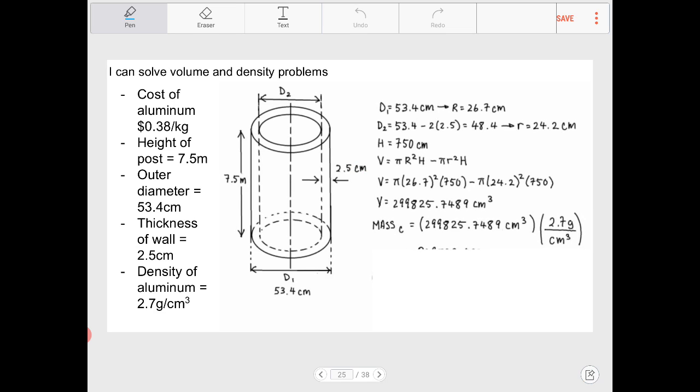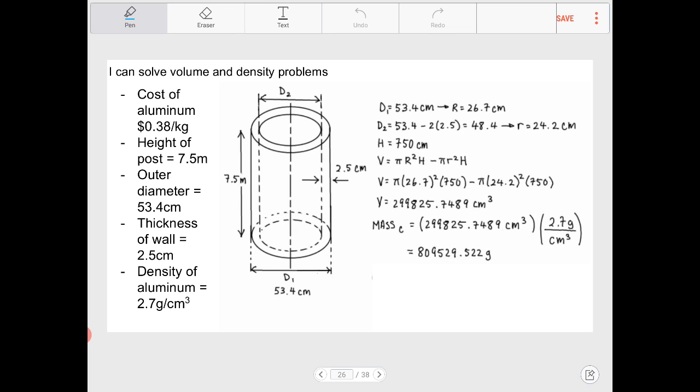The density of the aluminum is 2.7 grams per centimeter cubed. If I multiply that with the volume here, unit-wise, the centimeters cubed and centimeters cubed will cancel. I will be left with just grams.